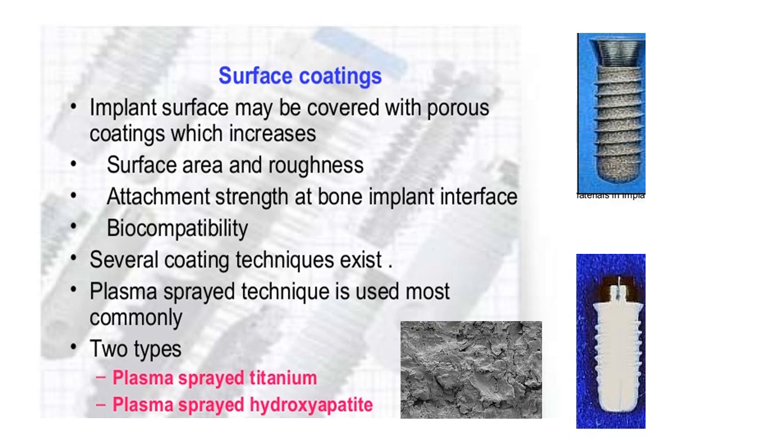You just have to know that basically we coat the titanium or metal implant with either hydroxyapatite or other calcium phosphates, and this is done by plasma spraying. This is a procedure by which we coat the implant with ceramics, and this increases its properties like integration and biocompatibility. This is just done to improve the properties of the implant.